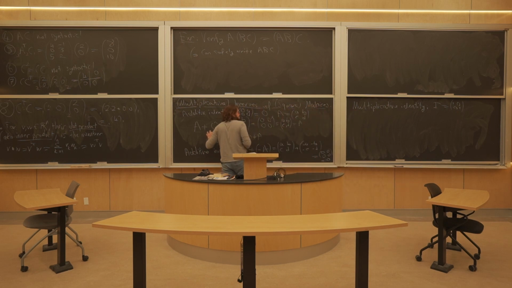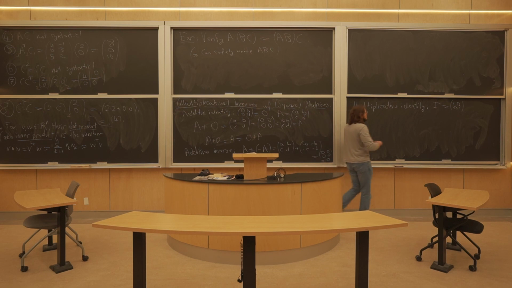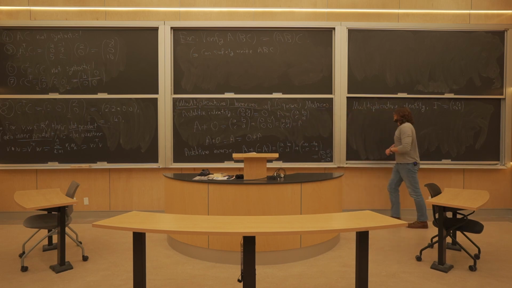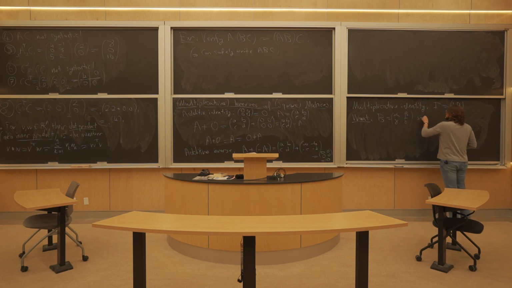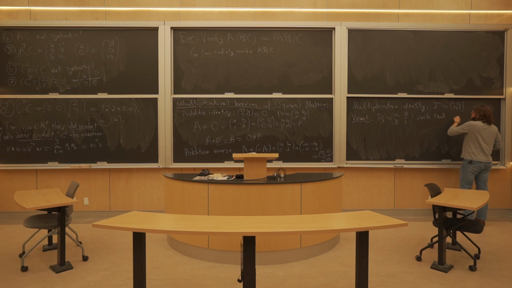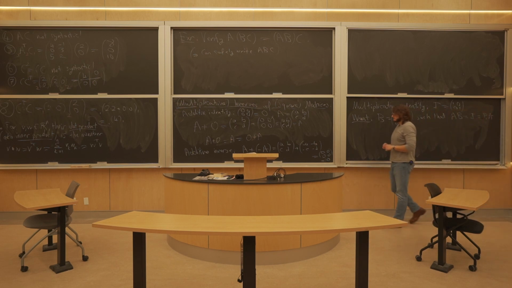Similar to addition then, in order for, let's say, B, another matrix, to be the inverse of A, it should be the case that we want B, and let me use alpha, beta, gamma, and delta as entries, such that A times B equals I, and vice versa, B times A equals I as well. Okay?